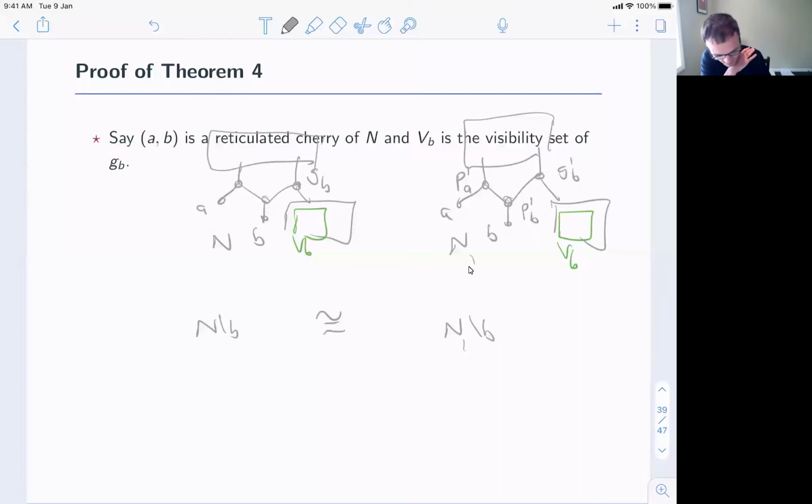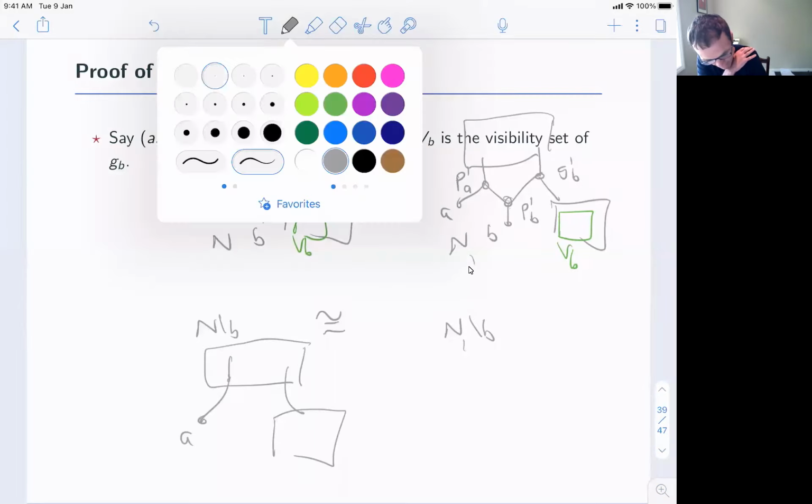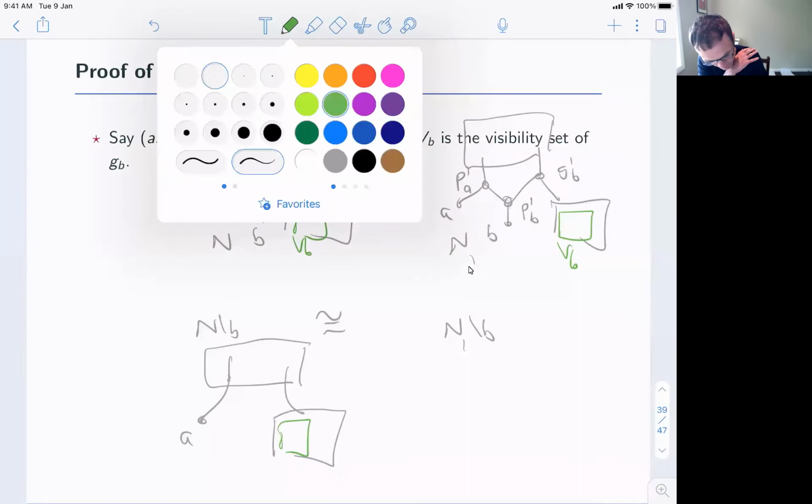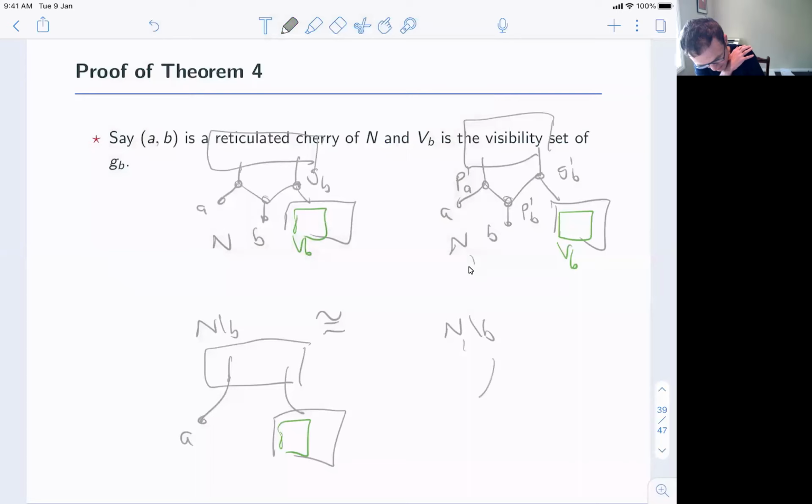All right. So N delete B looks like this. N1 delete B looks like this.